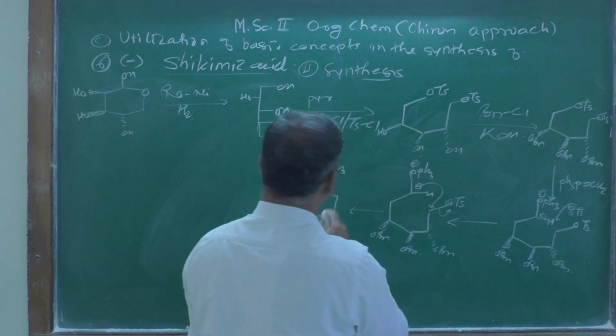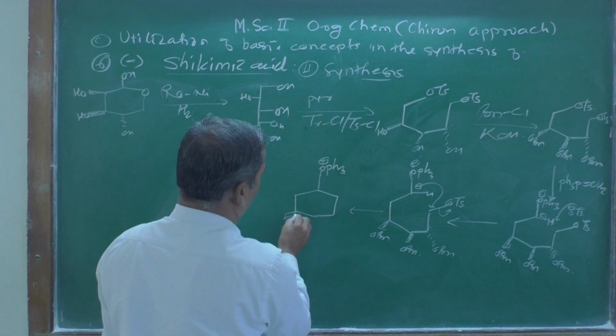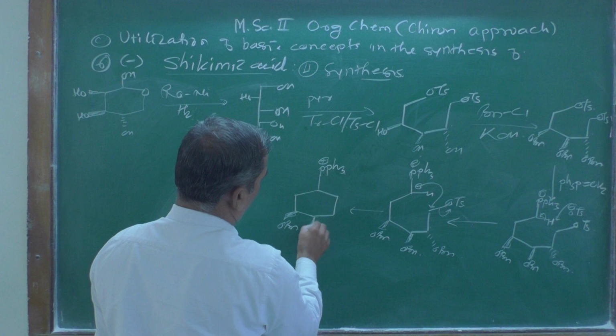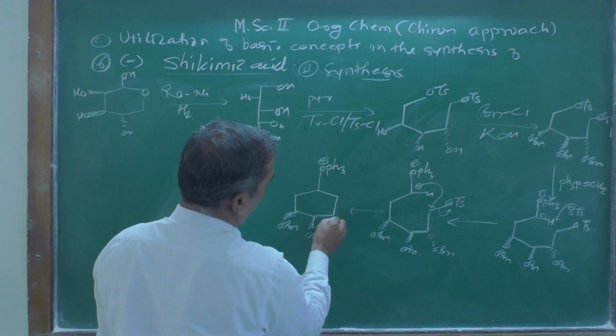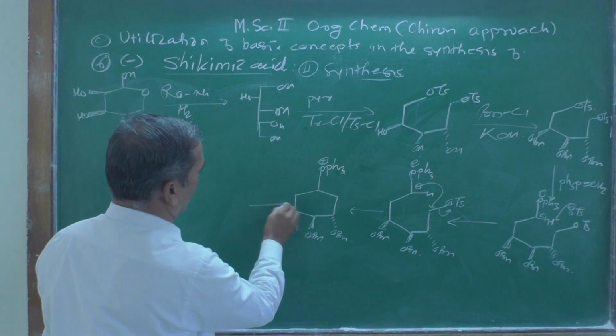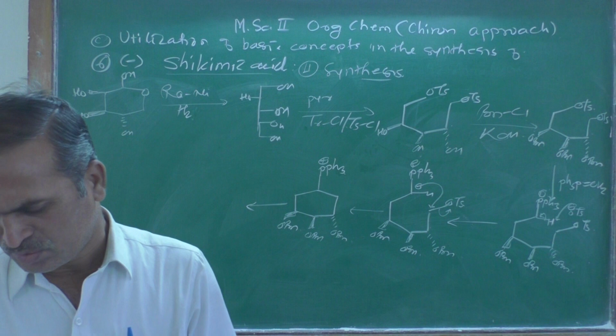This positive charge remains as it is, and then this OBn remains as it is, and this one OBn also as it is. Now in the next case, what is going to happen?